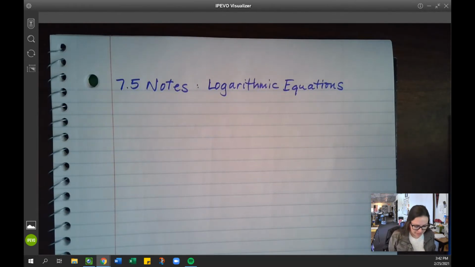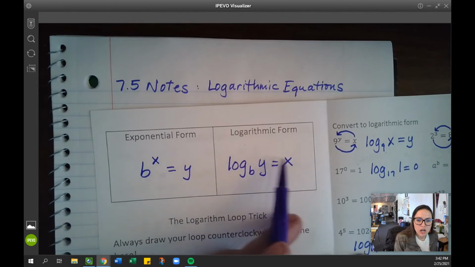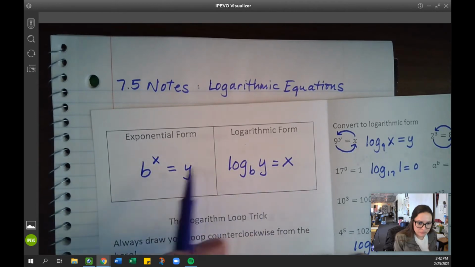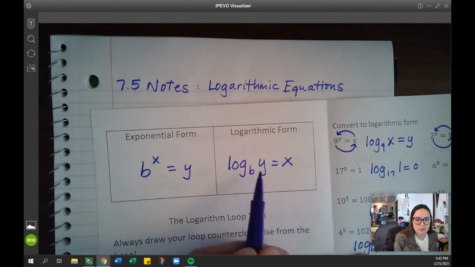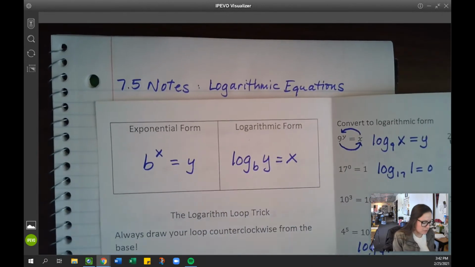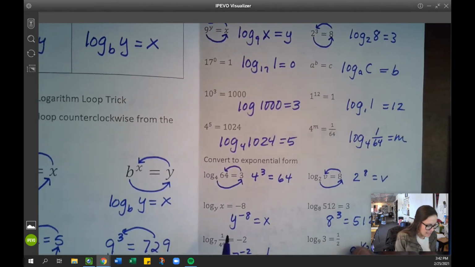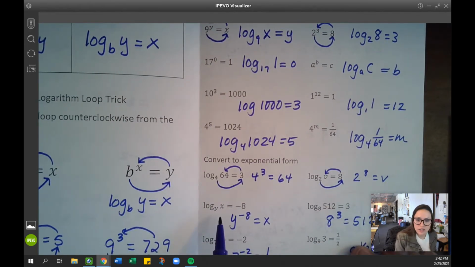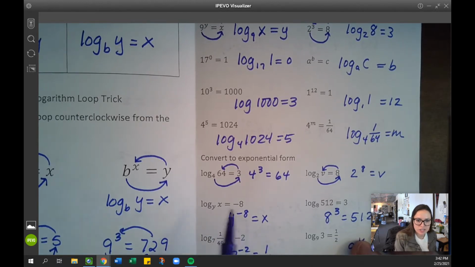So the first thing that I want to recap is we talked about logarithmic form and how to change back and forth between logarithmic form and exponential form. For example, saying that log base y of x equals -8 is the same thing as saying y to the -8 equals x.